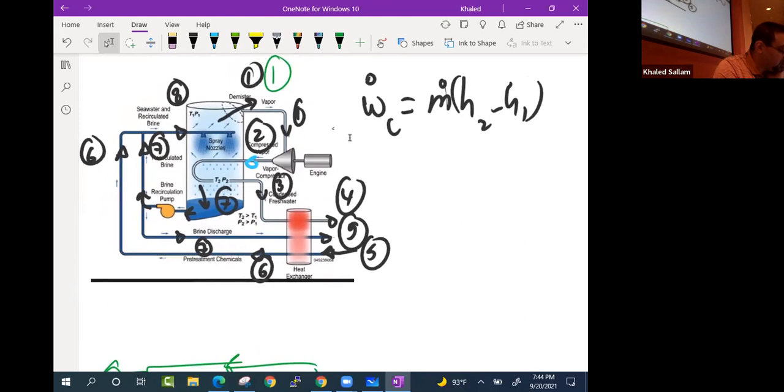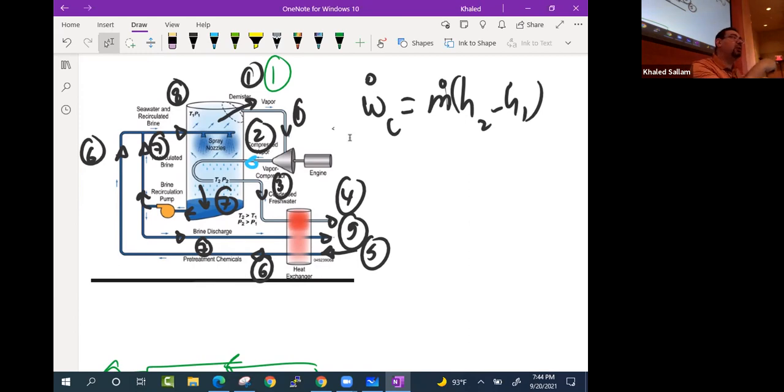The heat exchanger. How do I write the heat exchanger equation? There are 3 streams going on over here, right? So how do I write the equation for that heat exchanger? The guy that's being heated is equal to the 2 guys that are being cooled, right?